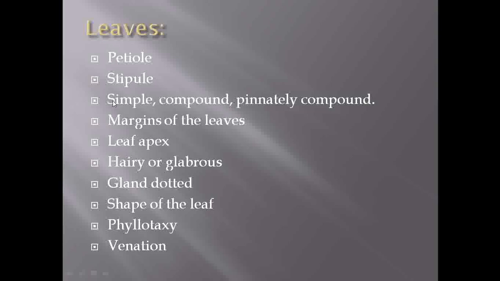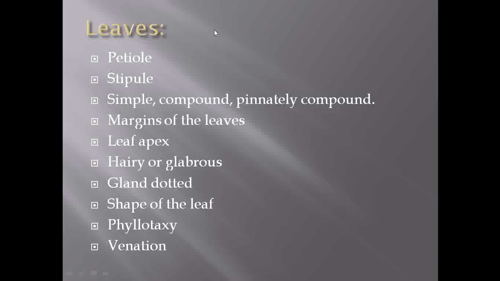Next character which comes under the leaves is whether the leaves are simple, compound or pinnately compound. Then what are the types of margins of the leaves, whether they show entire margins, for example you can take the example of citrus, or whether the margins are serrate, for example Azadirachta indica, which has serrate leaves.